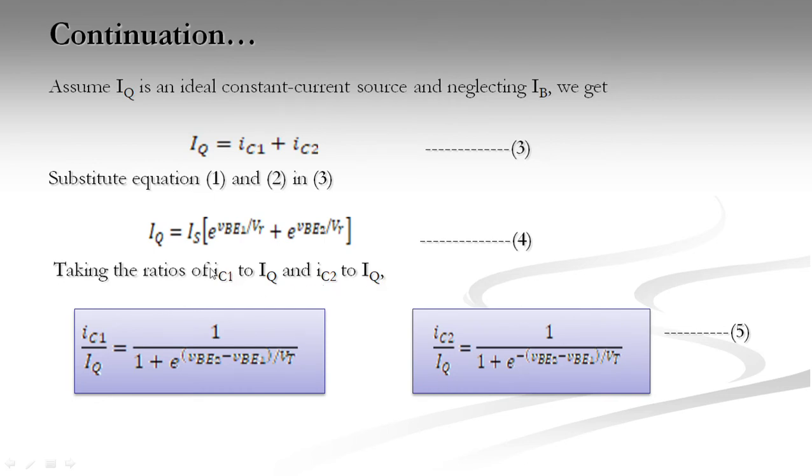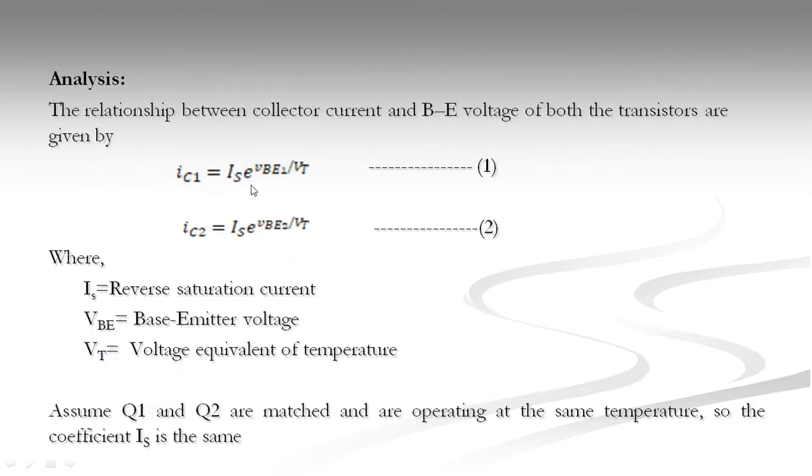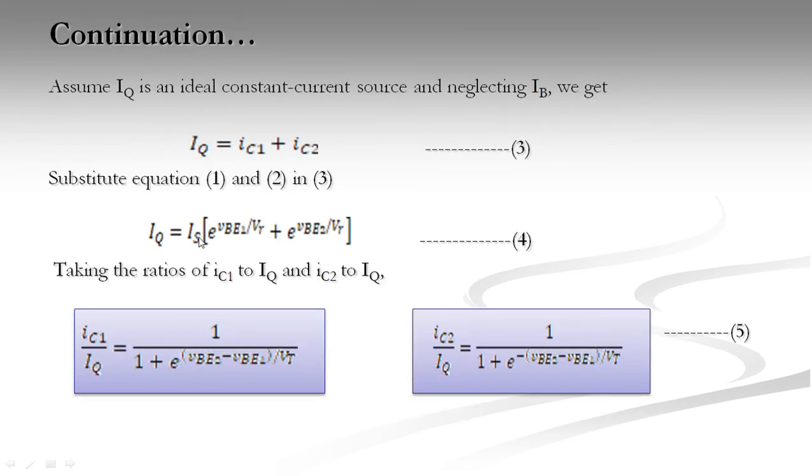Okay, now we are going to take the ratio between IC1 and IQ, and IC2 and IQ. We already know the equation for IC1. If we divide that by IQ, IC1 is given by Is times e power VB1 divided by Vt, divided by Is times this term.